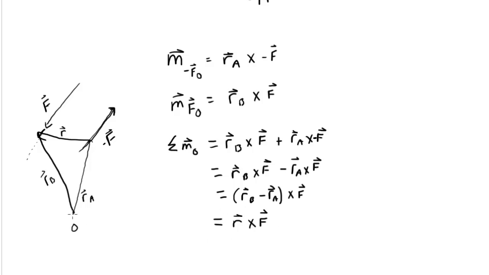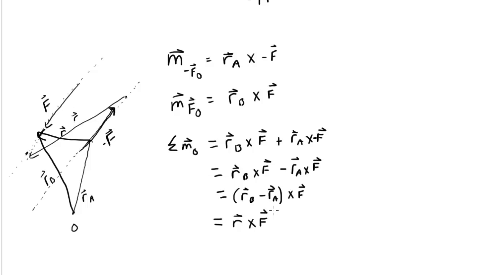The other thing we'll notice is, when I've written it in this form, RA could have pointed from O to anywhere on this line of action, and RB could have pointed from O to anywhere on this line of action. Remember, that's all the requirement for RA and RB. That means had I chosen another point for RA to point to and a different point for RB to point to, I would just have gotten a different R, right?